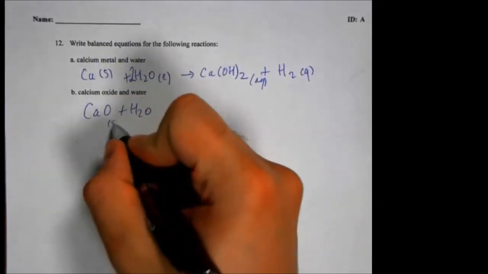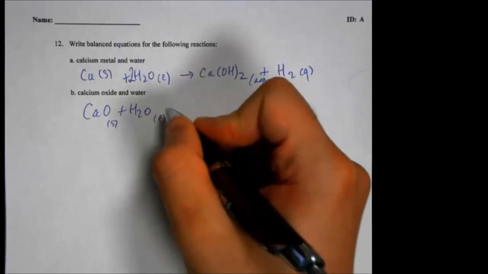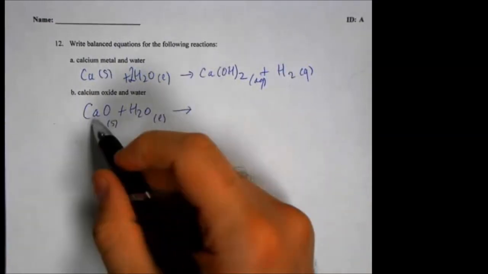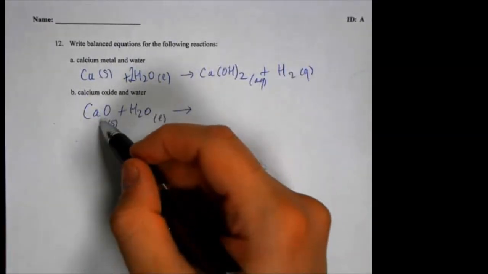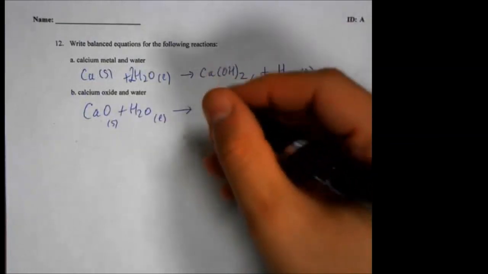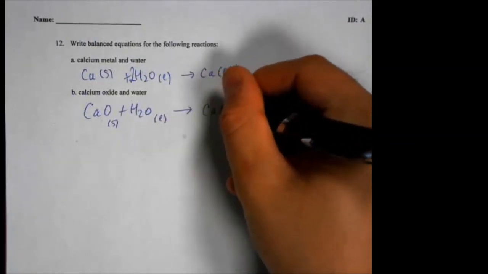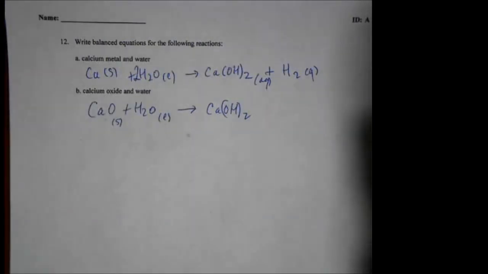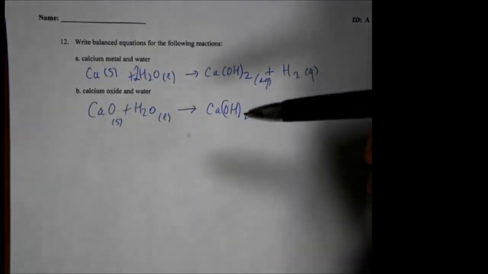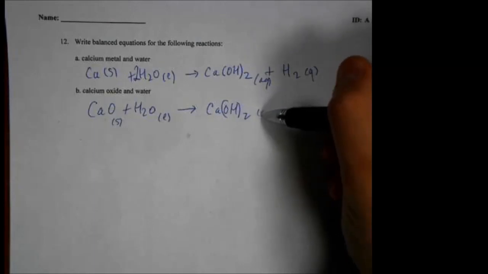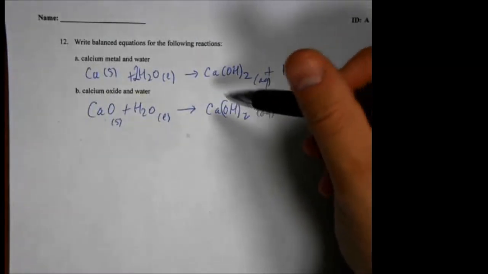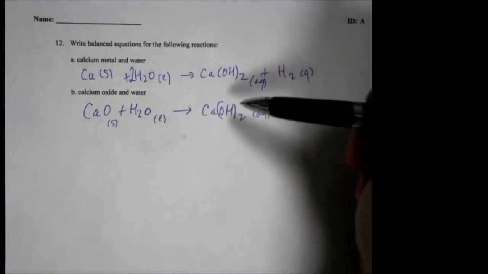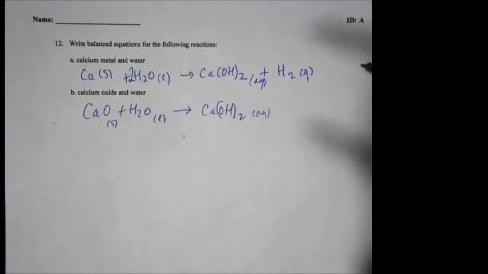Calcium oxide is a basic metal oxide, so oxides of alkaline earth metals will form basic calcium hydroxide. And in this case, you can see that everything is already balanced because we have 2 hydrogens here, 2 hydrogens here, 2 oxygens here, and 2 oxygens there.